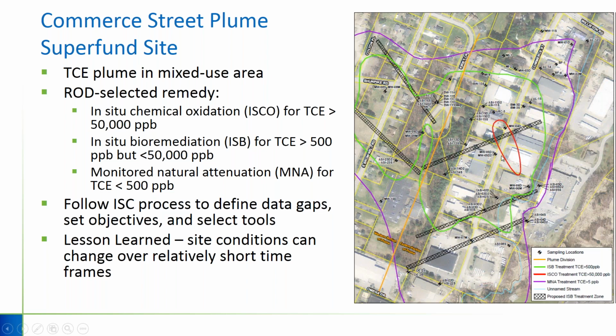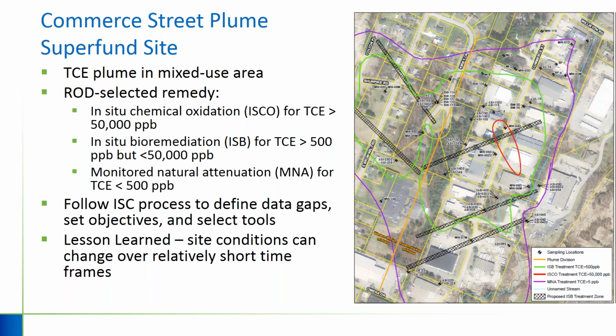This red contour was defined as a hotspot of greater than 50,000 micrograms per liter, so 50 milligrams per liter. Everything between the green and the red, so greater than 500 but less than 50,000, was going to be treated by remediation. And then this really high concentration area, greater than 50,000, was going to be treated by ISCO.